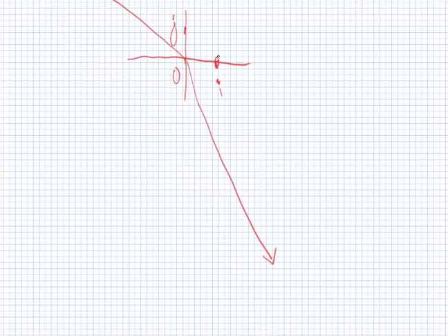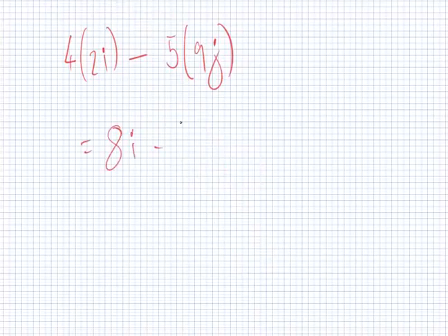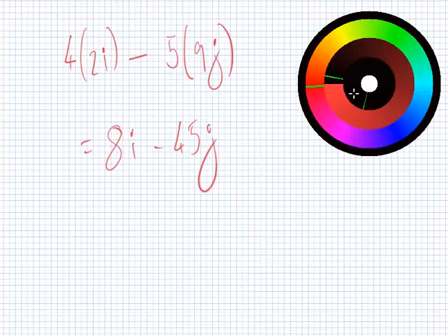So what did we say? It was 4 times 2I minus 5 times 9j, and that would be 8I minus 45j. Alright, let's look at a more difficult one.